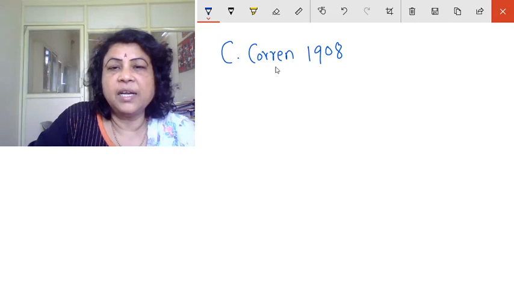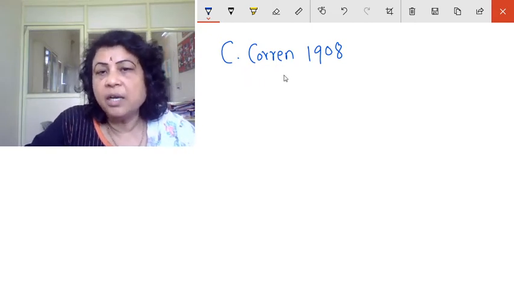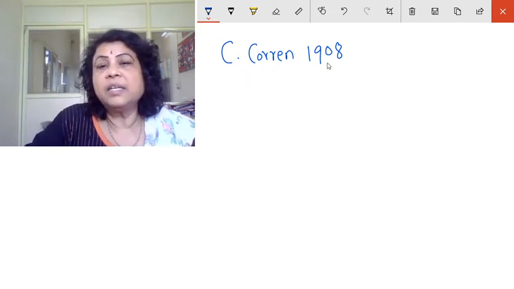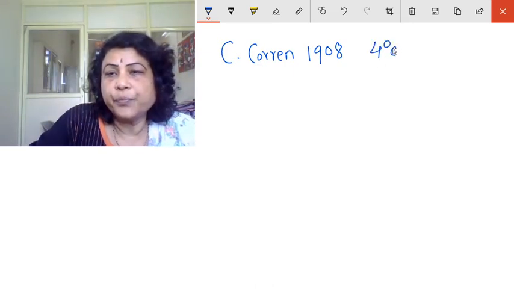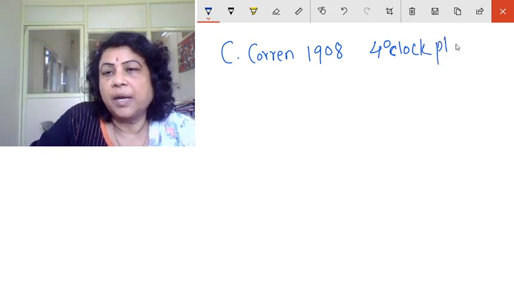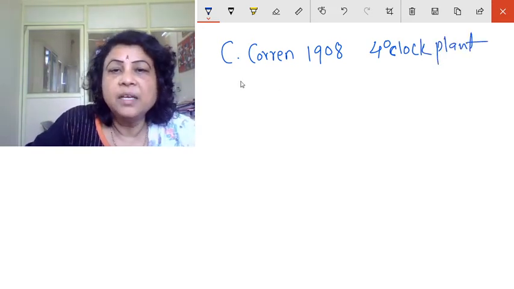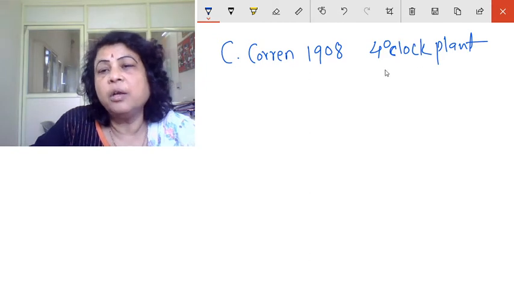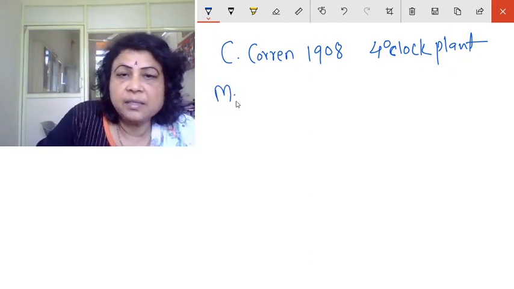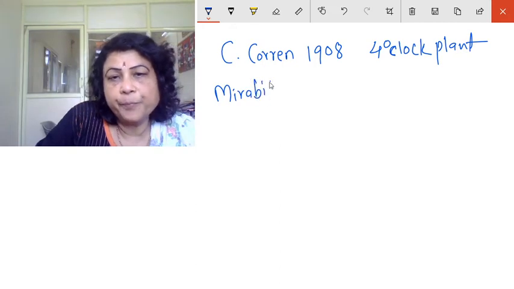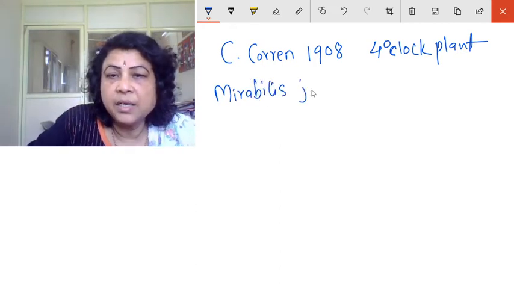Carl Correns did his study on the four o'clock plant, which is Mirabilis jalapa.